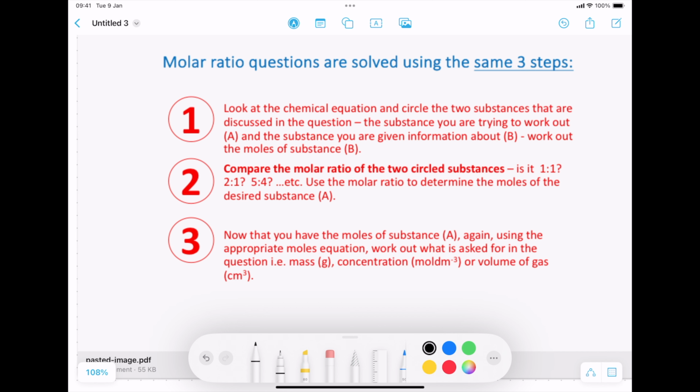And finally, step 3, once you have the moles of the substance that you need, you can turn that into a mass using moles equals mass over RFM, or a concentration, moles equals CV, or a gas, moles equals V over 24, or using the ideal gas equation, and work out what is asked for in the question. So, whatever's needed in the question, you use the appropriate moles formula, one for solids, one for liquids, or one for gases. So let's put this into play with the question above.